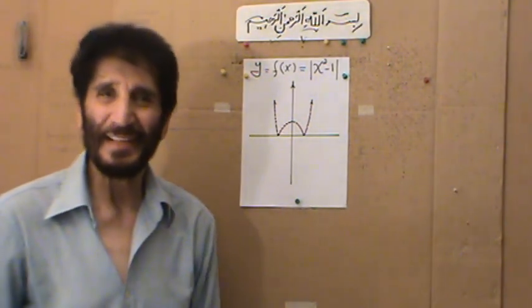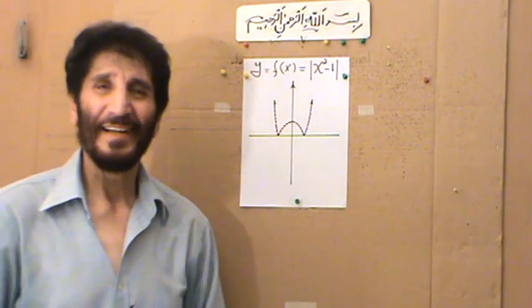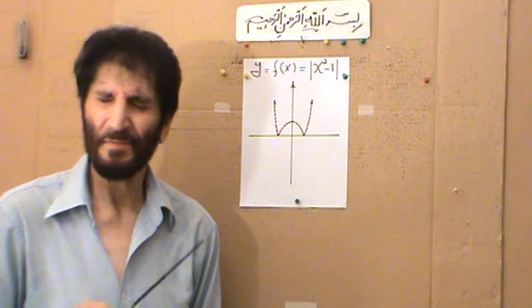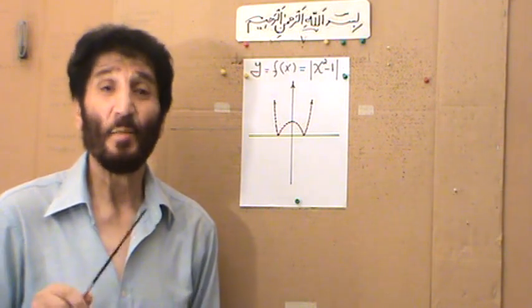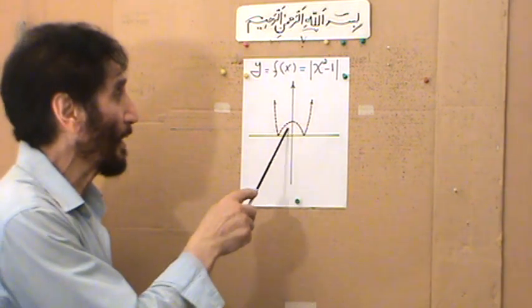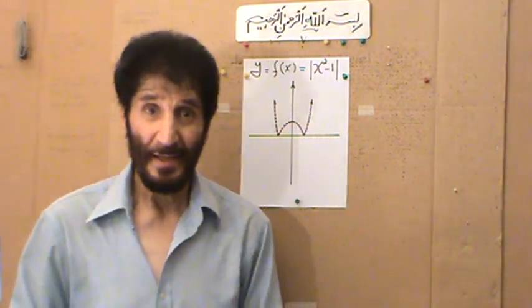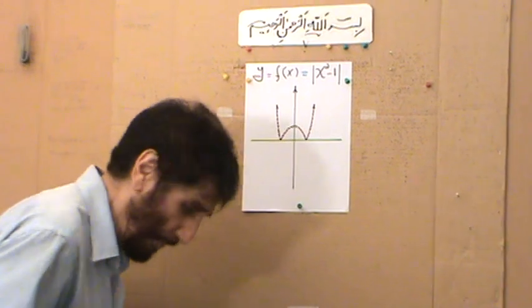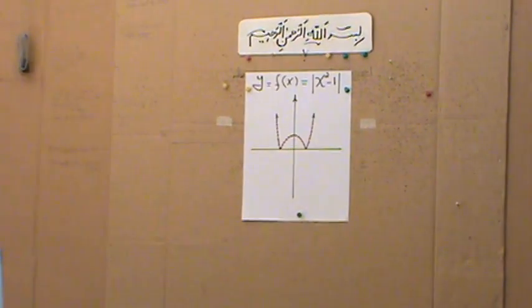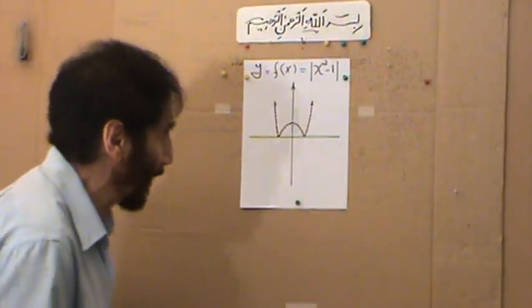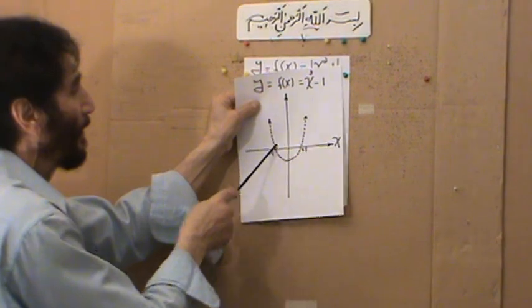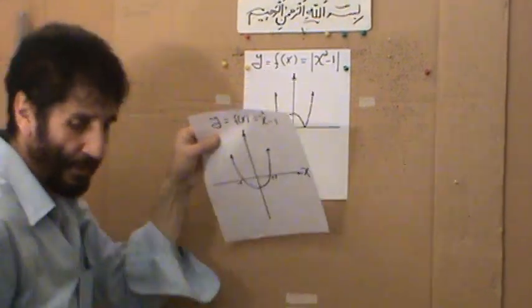This is the beauty of mathematics. Makes you fly. There is no anxiety in mathematics if it is learned correctly. It's a fascinating subject. It's the mother of all sciences. So that will be the graph of that, and this part of it is the mirror image of the previous one with respect to x, with the x-axis as the mirror. So the mirror image with respect to x will be the graph of the absolute value of this.